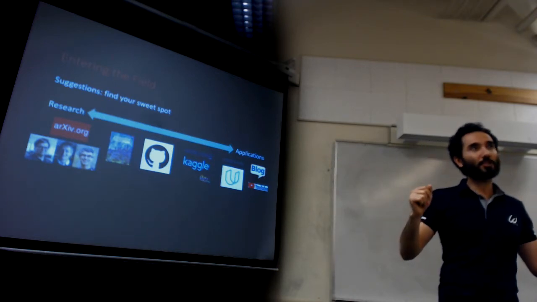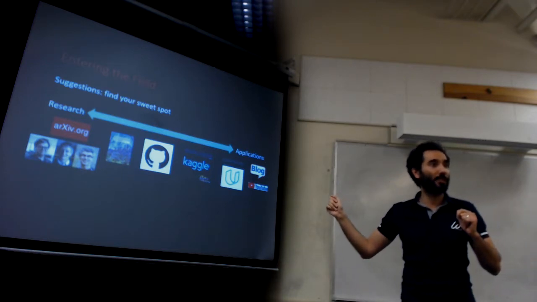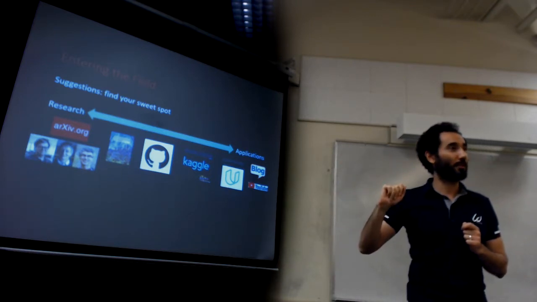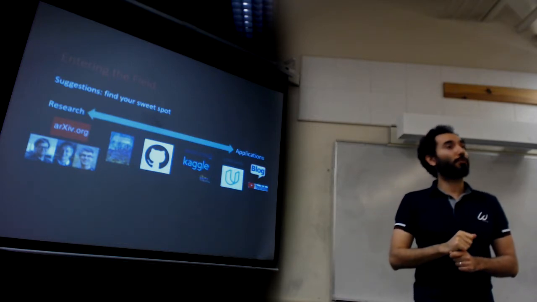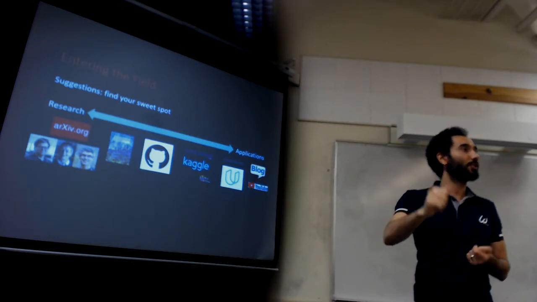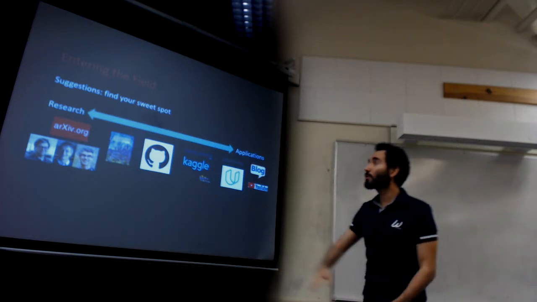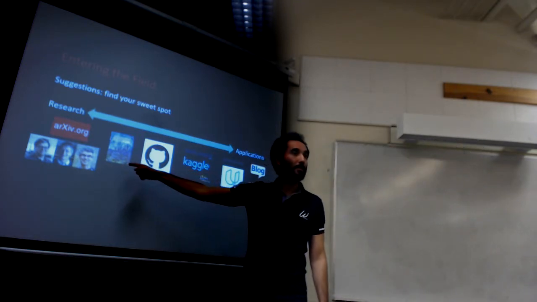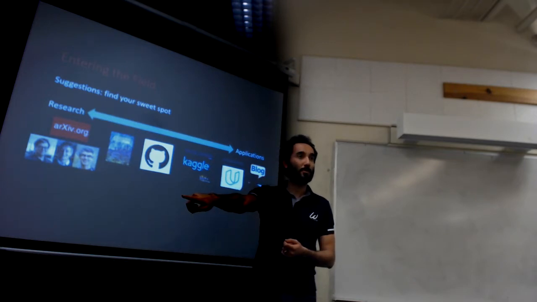And you have to first decide how much of an application person you want to be and how much of a researcher you want to be, right? So if you really want to go for hardcore research and continue your PhD in a top school or whatever, I would recommend that you start with the deep learning book, okay? And then find your way to the papers.